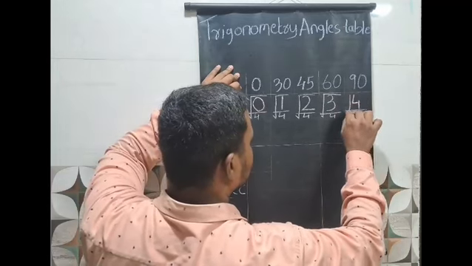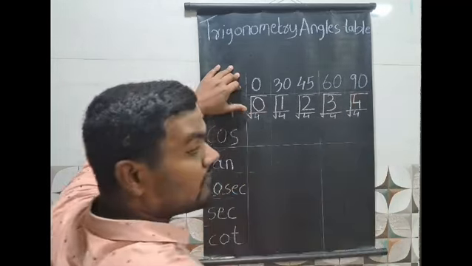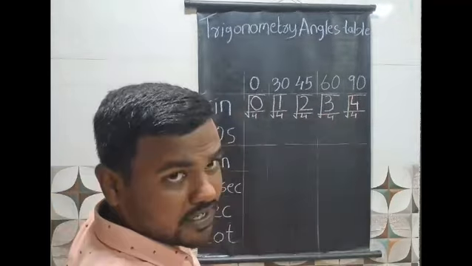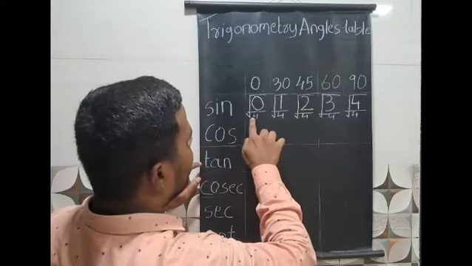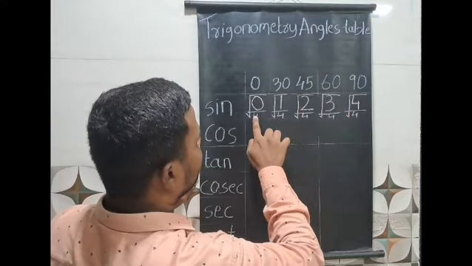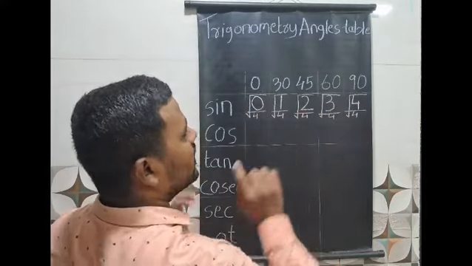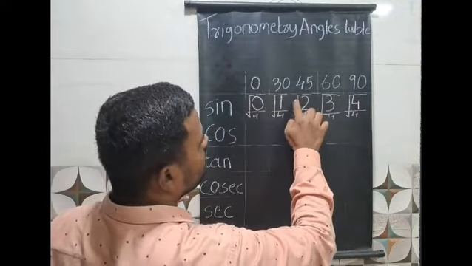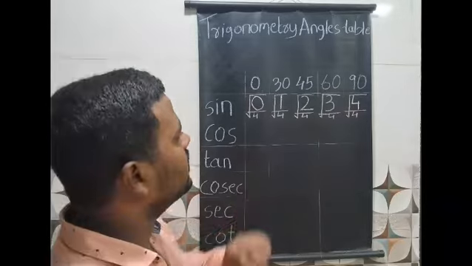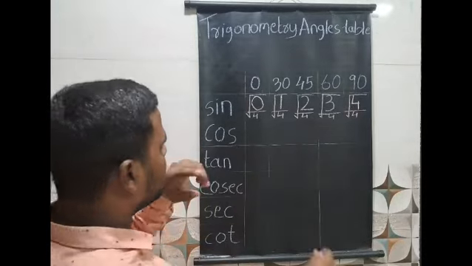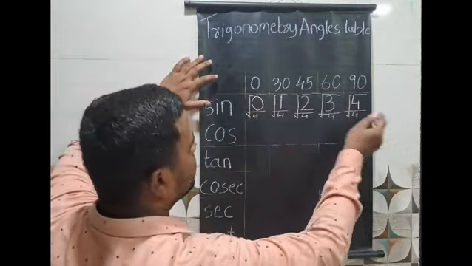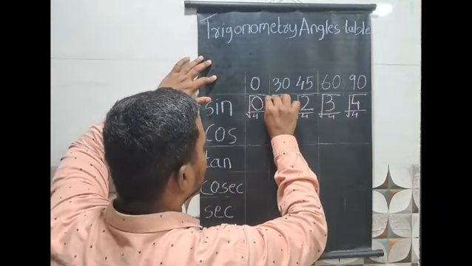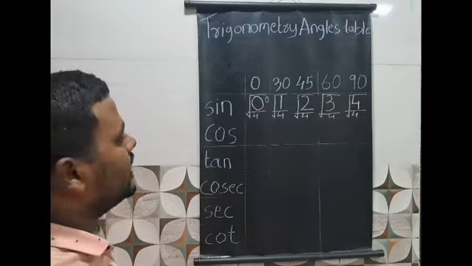So first, what we have done? We have taken the numbers 0, 1, 2, 3, 4. Second, we have divided every number by 4. And third, we took the square root of all the ratios. Over here, if you can see 0, there is nothing we can do, the answer is simply 0.